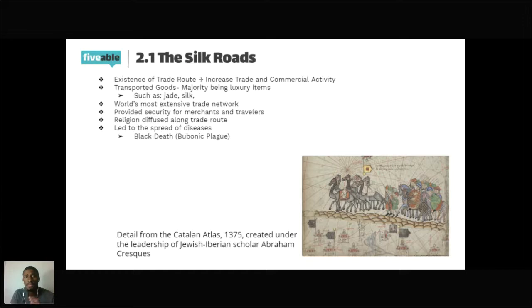And silk was the main currency along that route, which was why it was known as the Silk Road. It was one of the world's largest and most extensive trade networks and provided security for merchants and travelers at the same time.